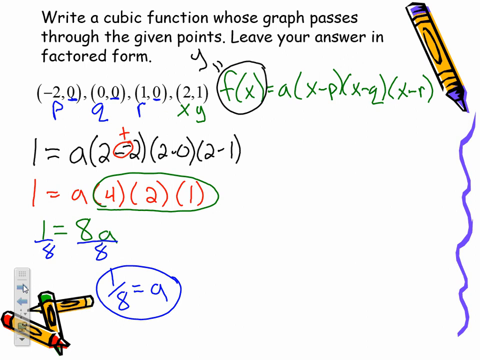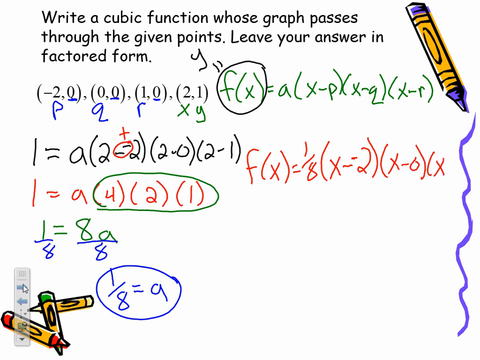Once we have this, we're going to plug it back into our original. So we have f of x equals 1/8 is for a, x minus a negative 2, x minus 0, and x minus 1. Now this one we can rewrite a little bit, because here we know this turns into a plus, and here this is just going to be x.